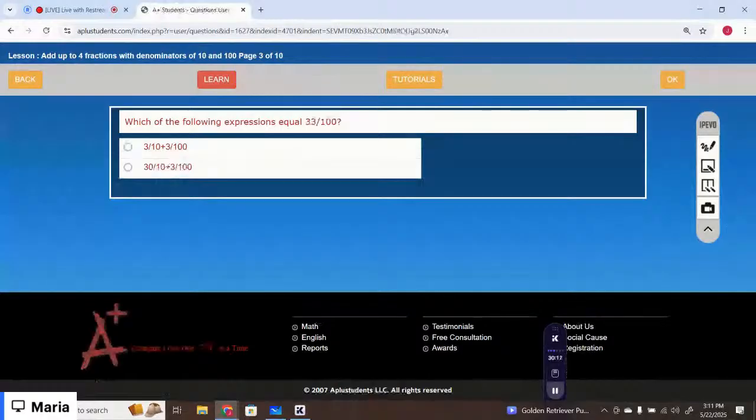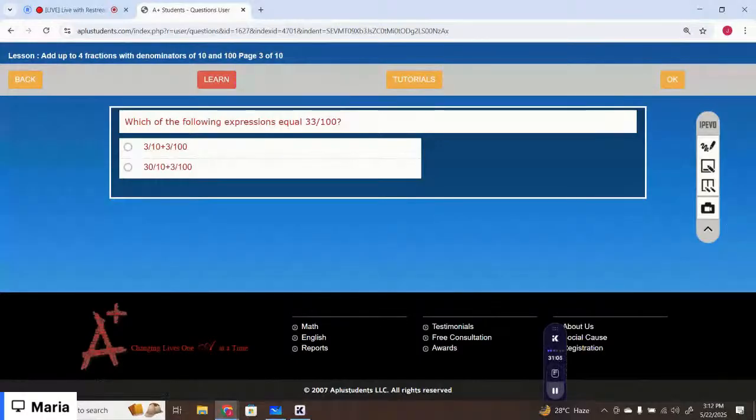Which of the following expressions equals 33 by 100?